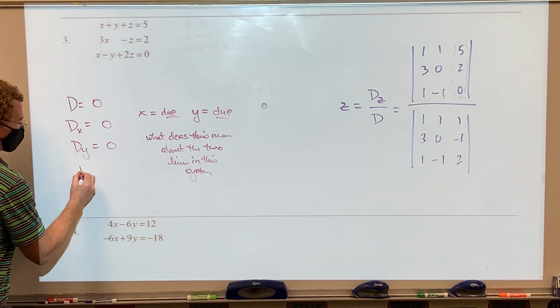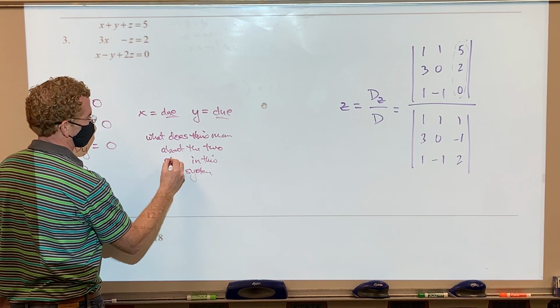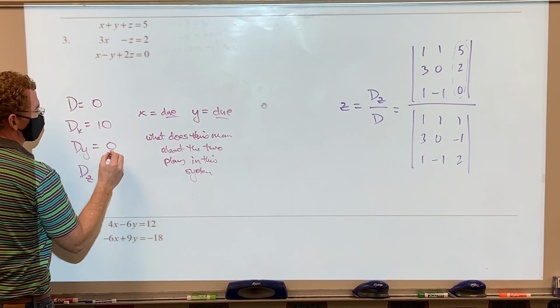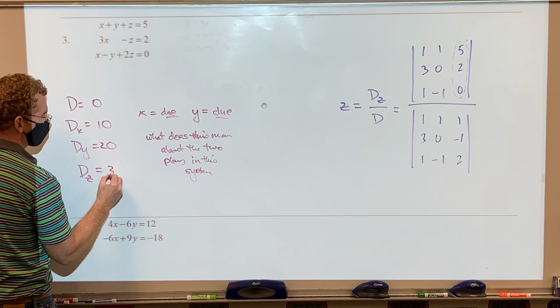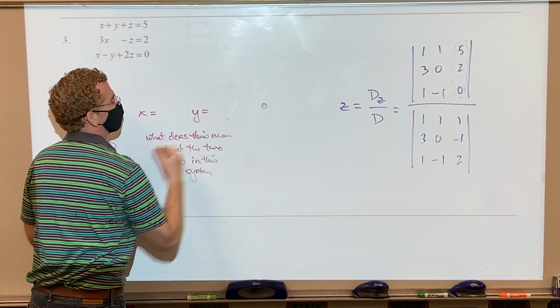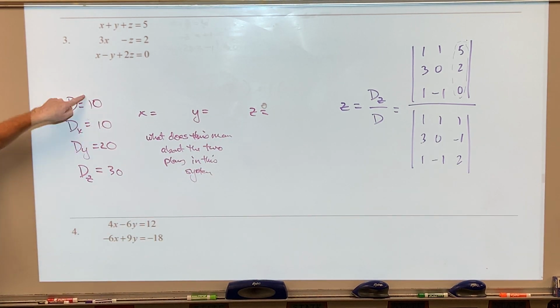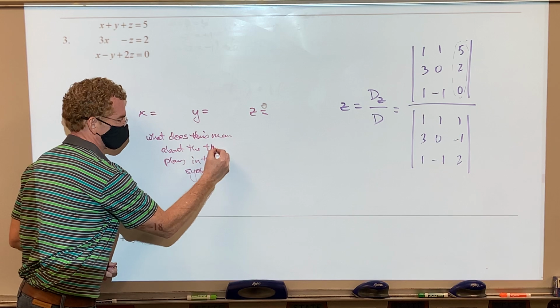It could get a little bit uglier. What if I said this about the two planes in this system? What if I gave you that and said solve for x, y, and z? You'd say what? X, 1, 2, and 3. And what would you say now about the three planes in the system?